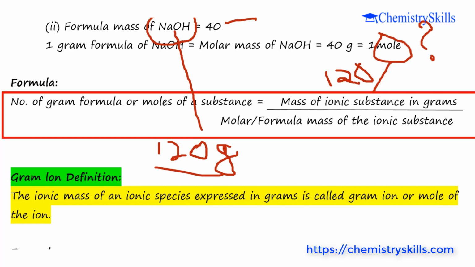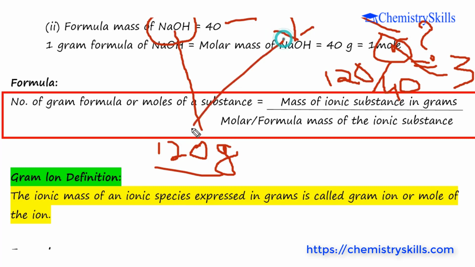So I'll put 40 here, and as per my mind math, 3 will be the answer. 3 moles of what? NaOH. From what? 120 grams. So 120 grams of NaOH give us 3 moles of NaOH.